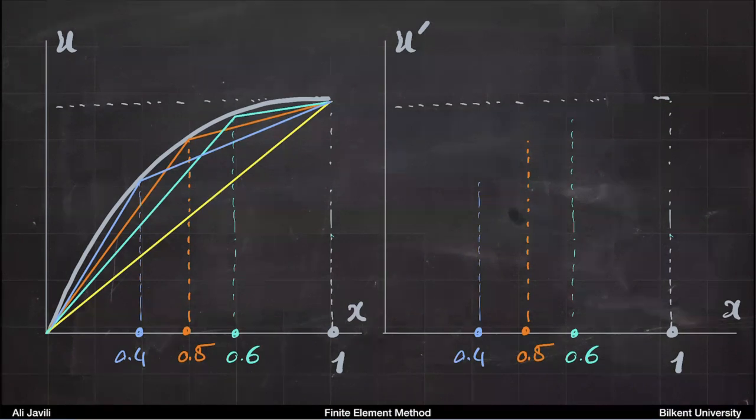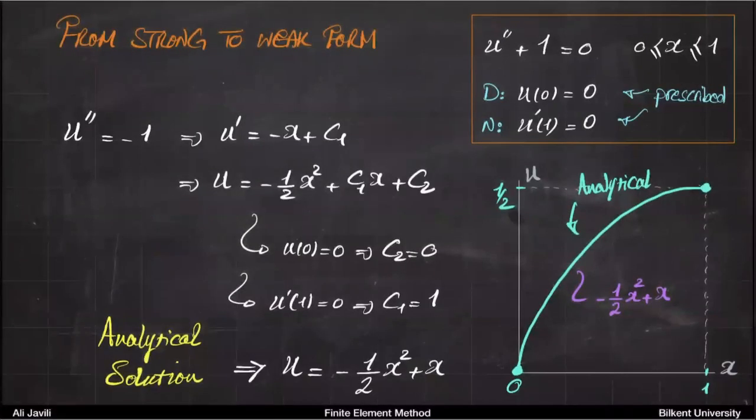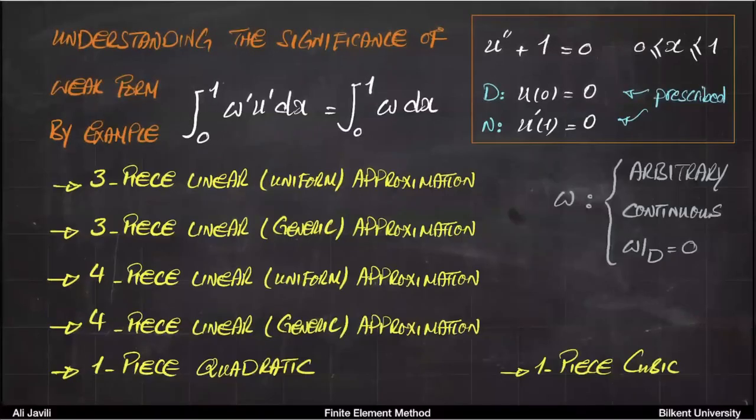If you remember the analytical solution, we had it at the beginning. The analytical solution is u equals minus 1/2 x squared plus x, so u prime would be minus x plus 1.